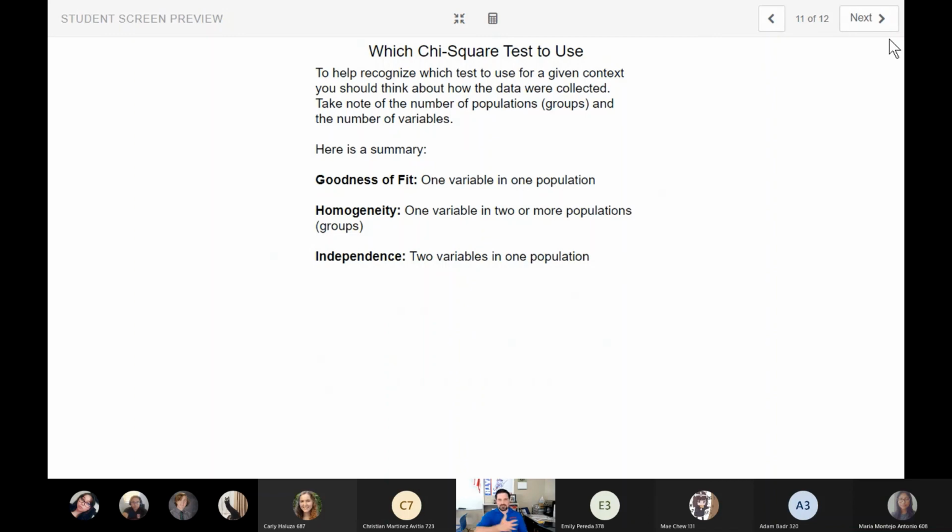So we sample randomly from a single population of interest and then categorize these people or things based on 2 variables. So that's the basic idea. We want to check how the data was collected, and that tells us which test to use.